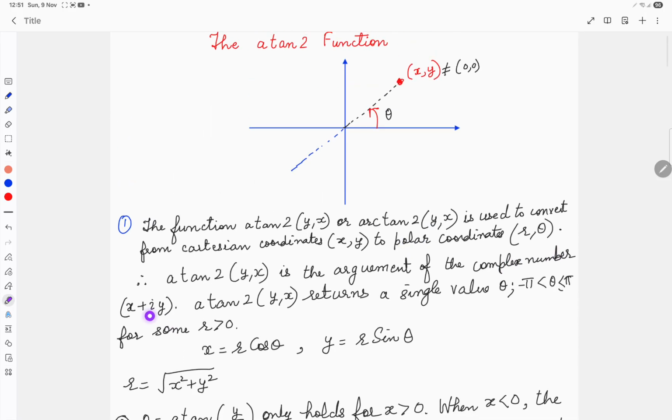So if there is a complex number x plus iota y, y is the height in the y direction, and x is the distance from the origin to the projection of the point onto the x-axis. So basically, what is theta? We can say that it is the argument of the complex number x plus iota y.